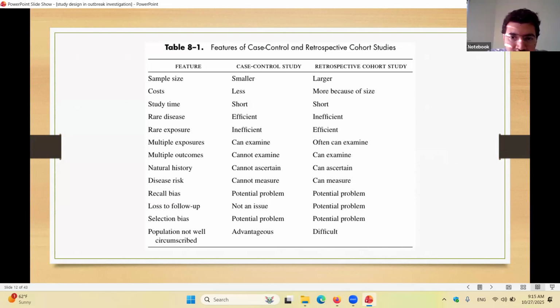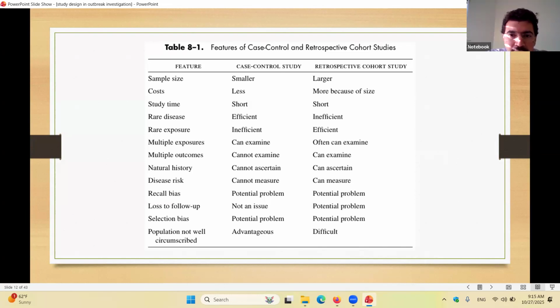As you see in the table, case control studies had some beneficial points, and cohort studies had some other beneficial points. Therefore, we cannot say which one is better. It depends on our situation and setting.